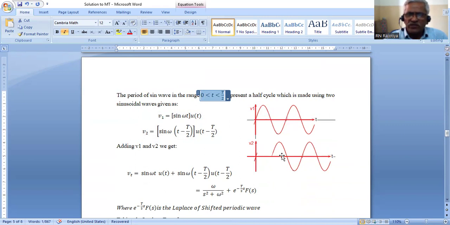So you need to add these two functions together so that you get only the pulse that is 0 to T by 2. You can just see to it how exactly you get it.